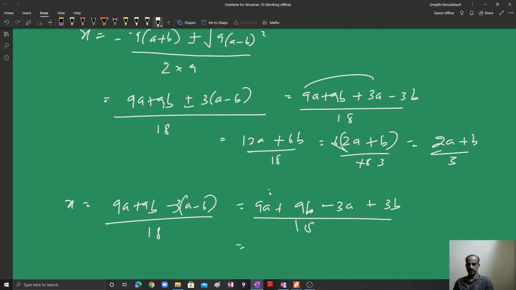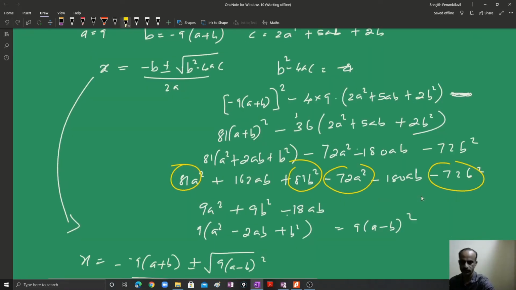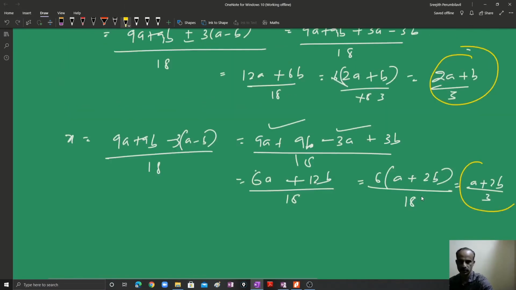That is equal to 6a plus 12b divided by 18. 6 is taken outside, a plus 2b divided by 3. So the answers are 2a plus b by 3 and a plus 2b by 3.